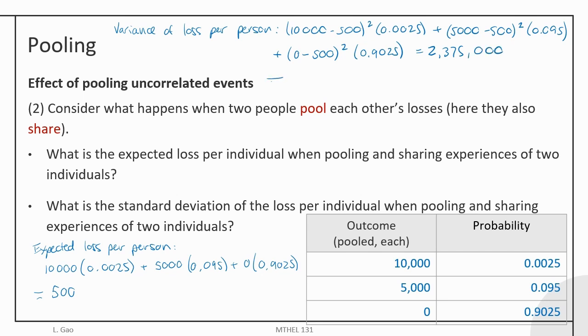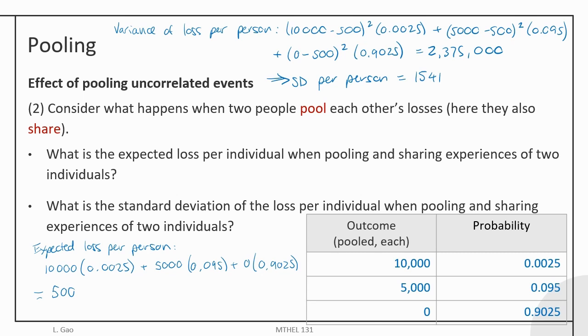2,375,000, and so that means the standard deviation per person with the pooling and sharing is going to be the square root of this, which is 1,541. And so it's actually gone down compared to the individual case. I think before it was something like 2,000 something.